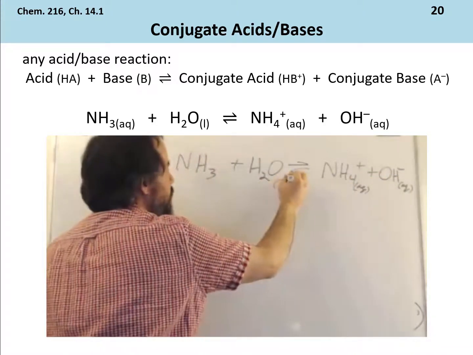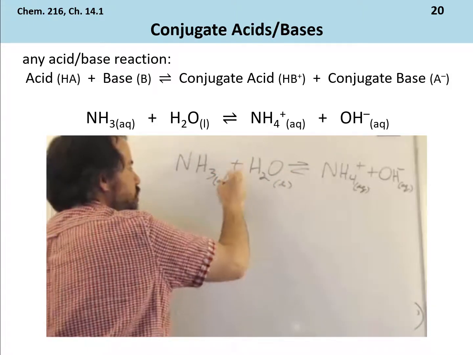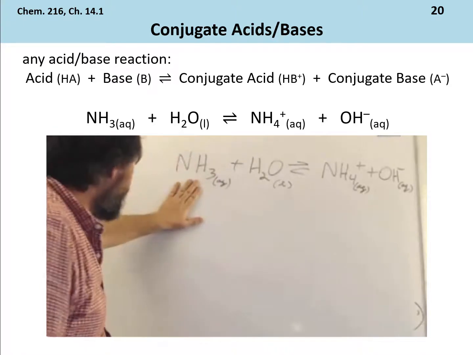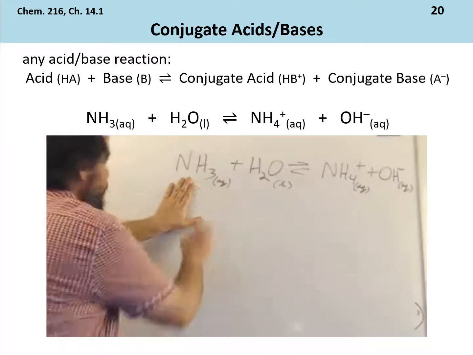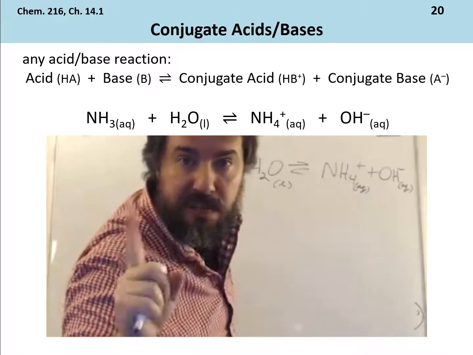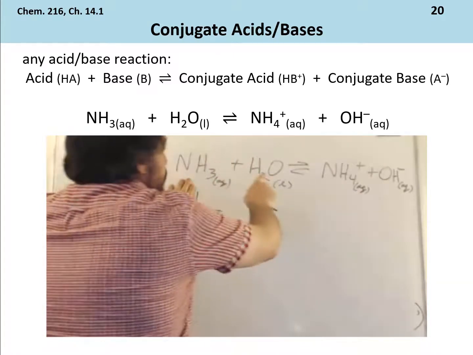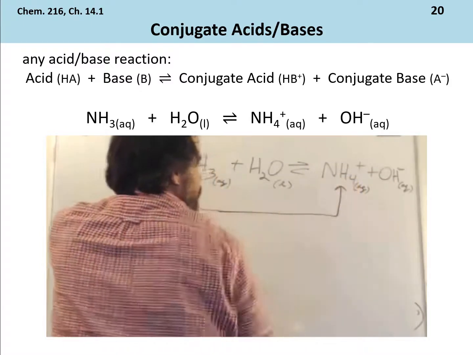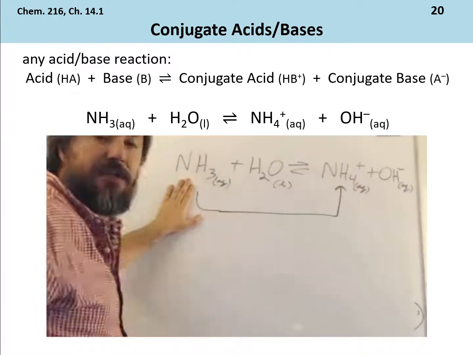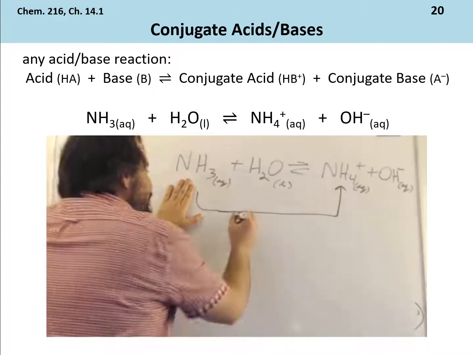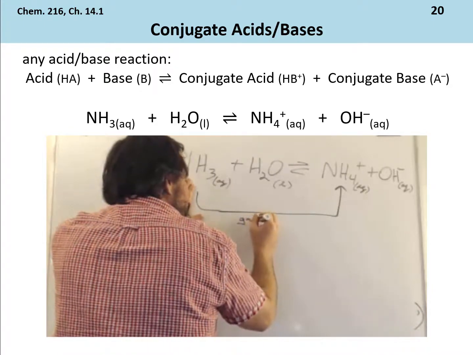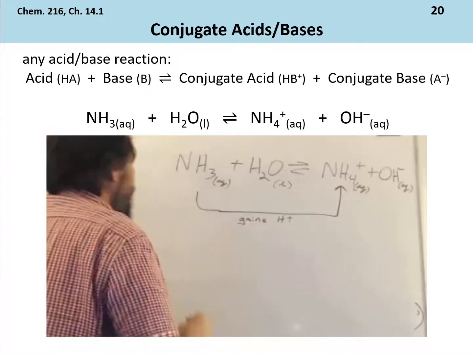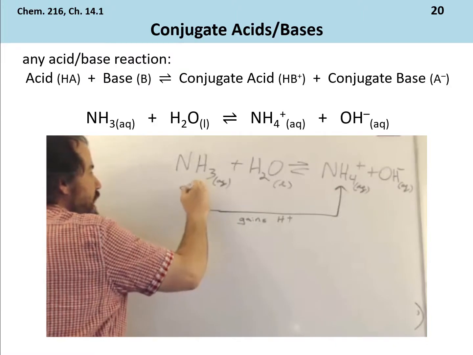What I want to do is look at each one of these in turn and ask, what's this doing? So NH3 either gains or loses an H+. Well, it's not connected to OH-, it's connected to NH4+. So what's it doing to get from NH3 to NH4+? It's gaining H+. So if it gains an H+, this must be my base.